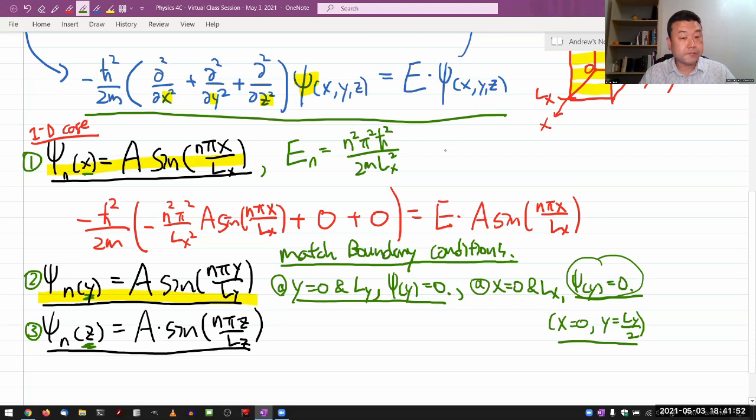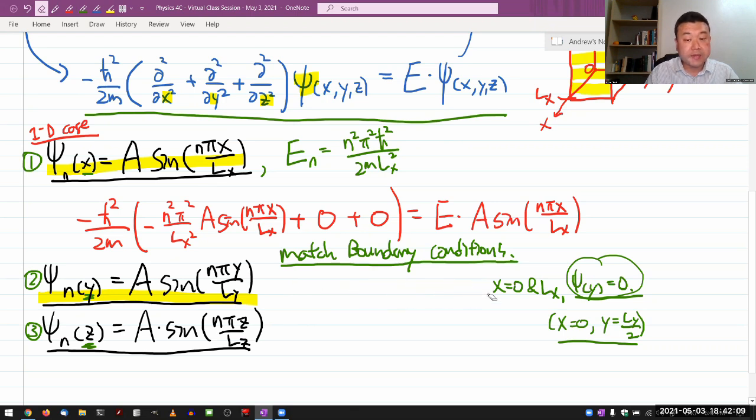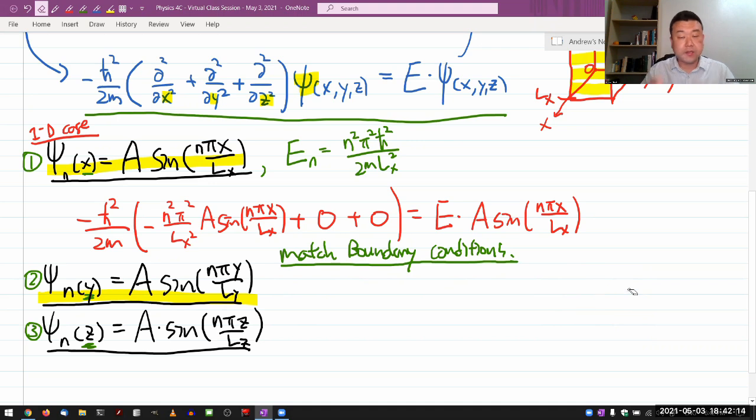So you might say, okay, we've seen this problem before, and I kind of alluded to it when we were doing the one-dimensional particle in a box. I did say something about how the free particle solution that goes infinitely in both directions is not a physically possible solution, but you can use them to build up your physical solution.